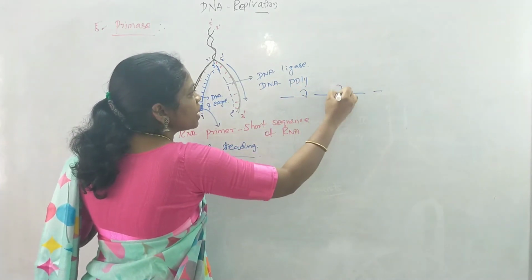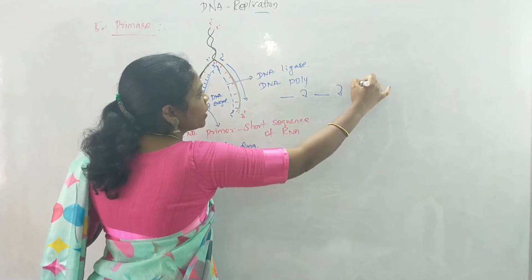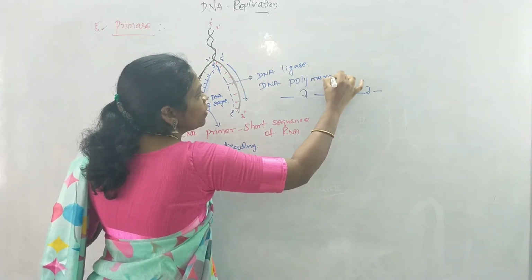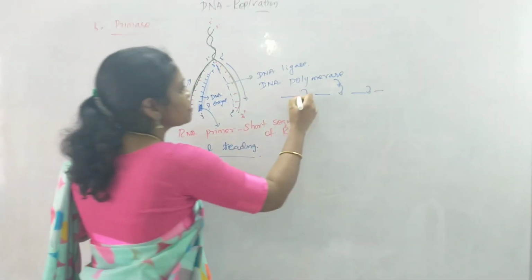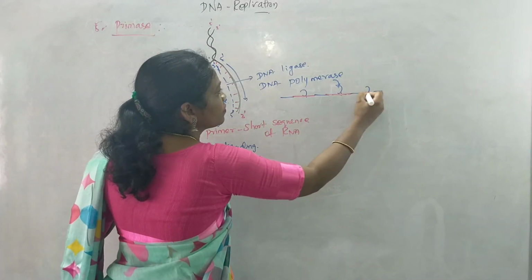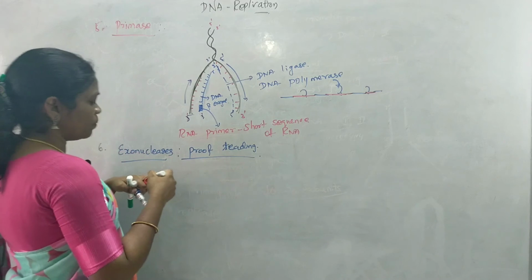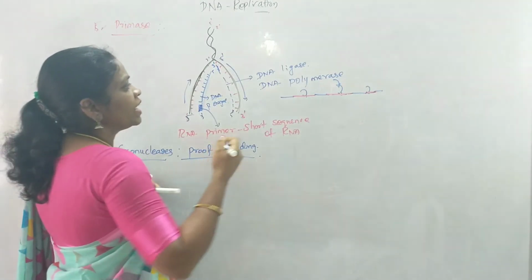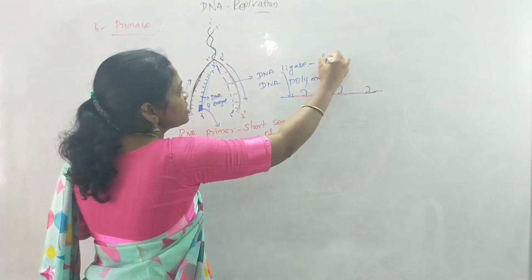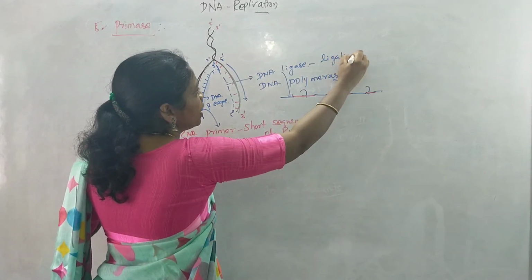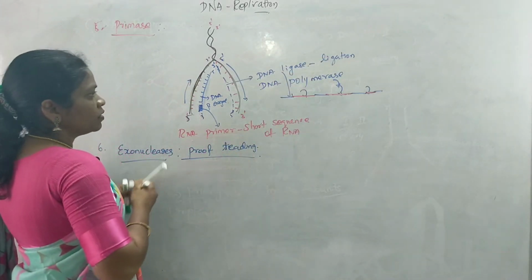The gaps are filled with DNA nucleotides by means of DNA polymerase enzyme. This enzyme will fill the gap between the strands, and ligating or attaching them is done with the help of DNA ligase enzyme.